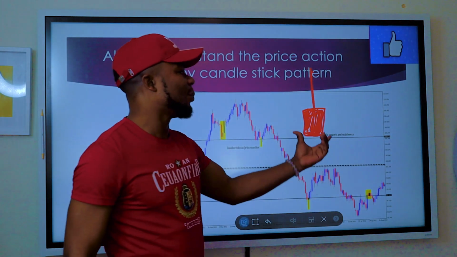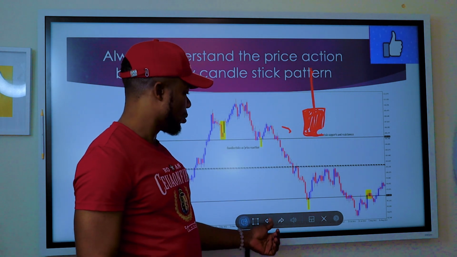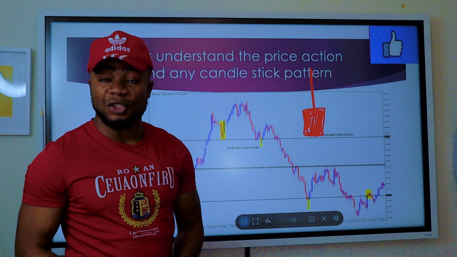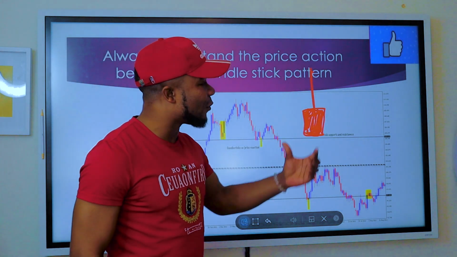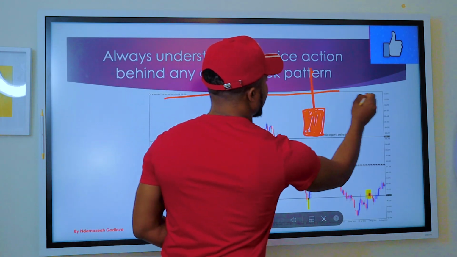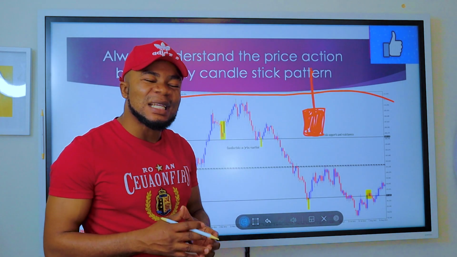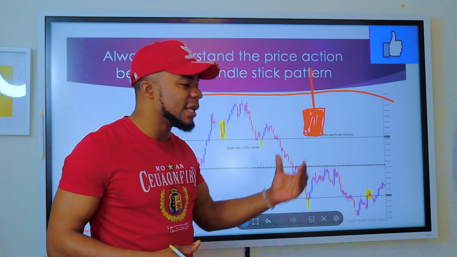So if I see this kind of candle forming at a particular resistance, you should be able to understand the price action behind that candle.